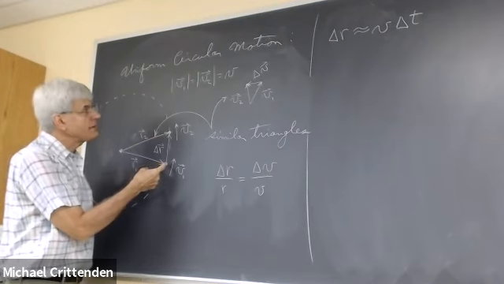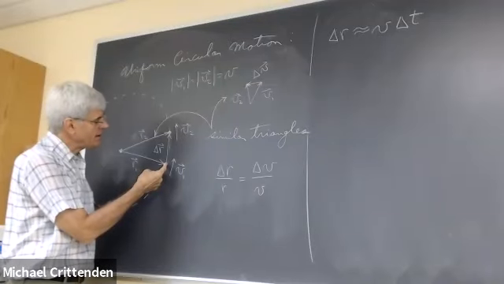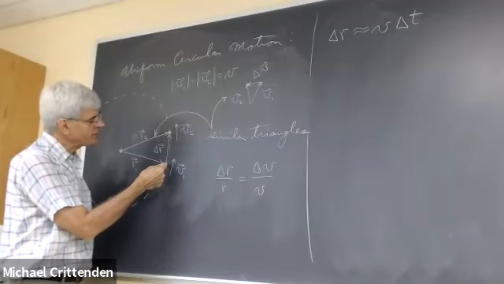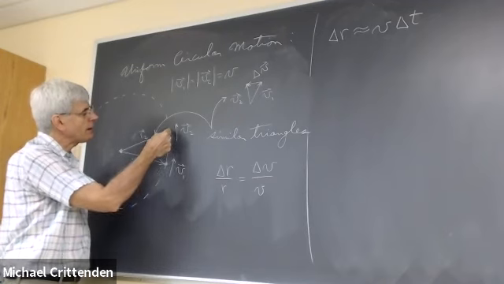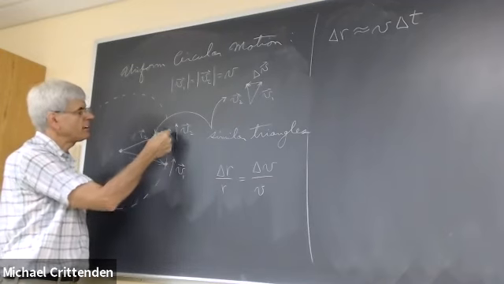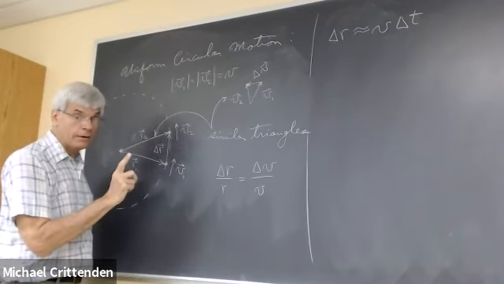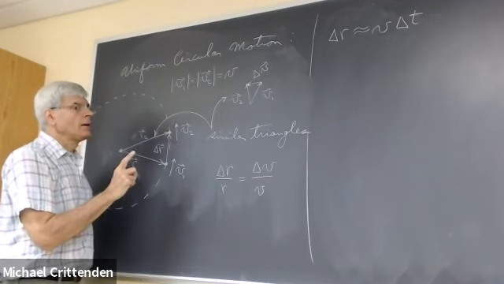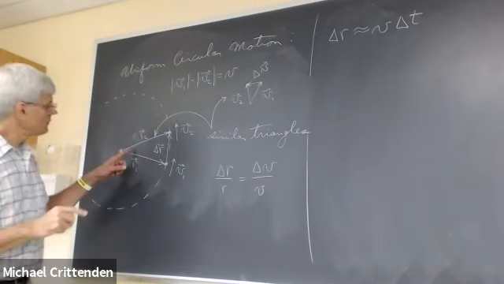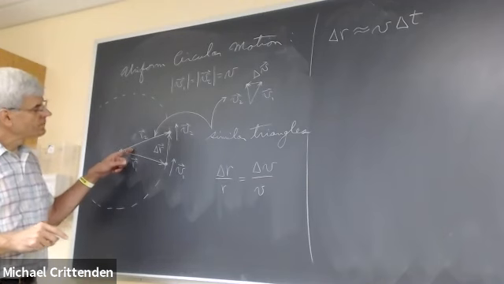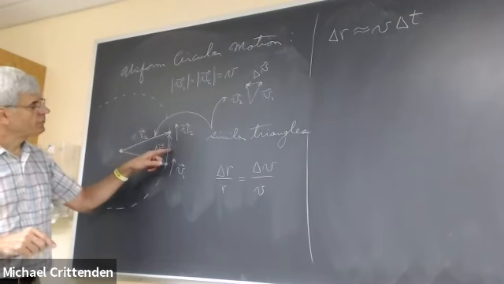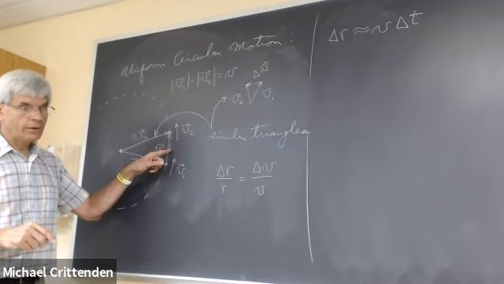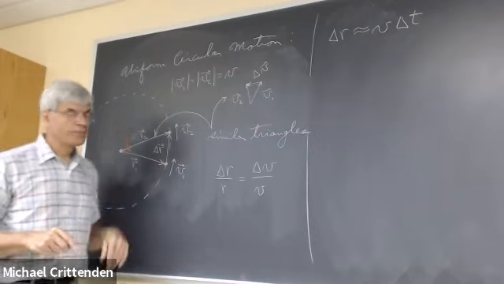Whereas v delta t, the speed times the time, that gives you the distance along that circular arc from here to here, and that is slightly longer, okay? But as long as this angle is small, the straight line distance is pretty close to the curve distance.